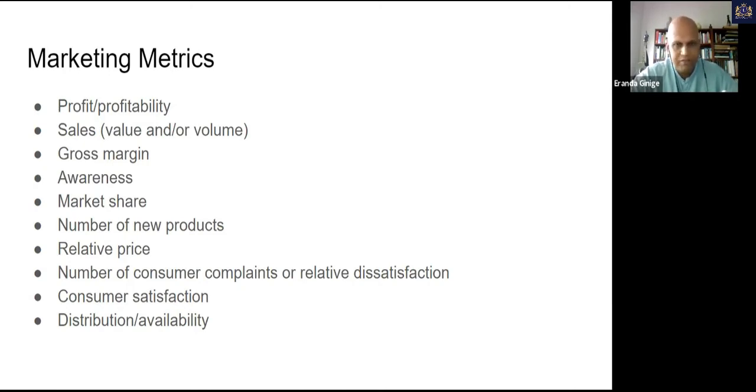I have first-hand experience: in my capacity as a business development head, when I wanted to run awareness campaigns, there was always resistance from other departments like finance, especially. Why? What's the direct benefit? How do you prove that you increased awareness? So that's always a bit of a challenge.